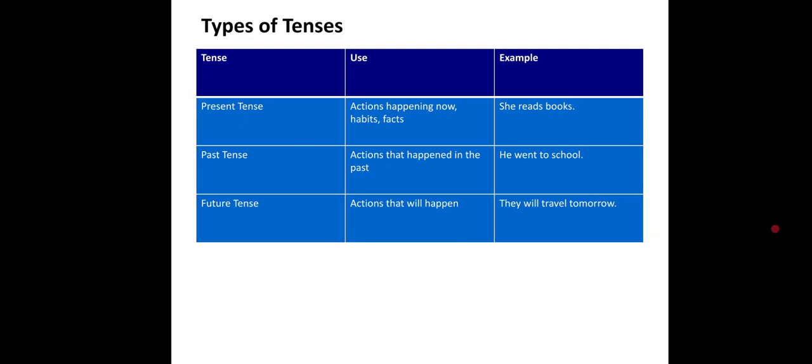In case of past tense, we use it for actions that happened in the past. For example, he went to school. If we talk about the future tense, we use it for actions that will happen in the future. For example, they will travel tomorrow.